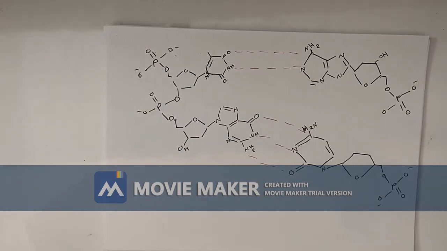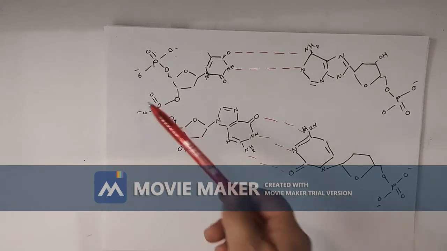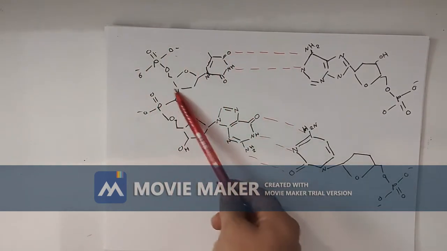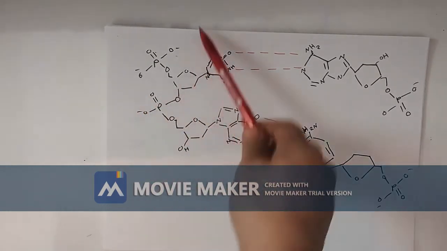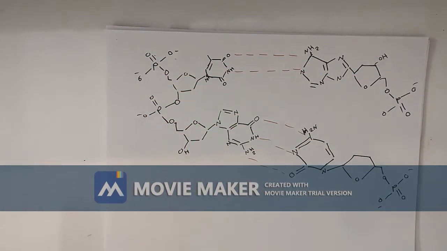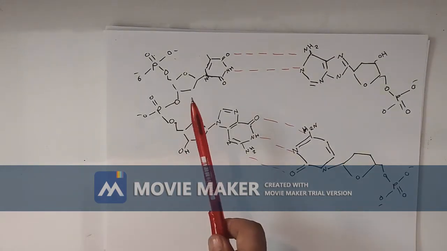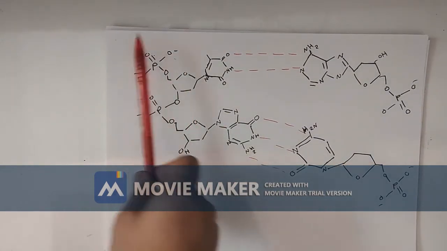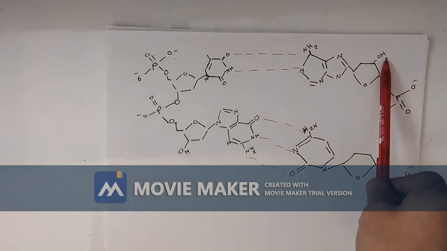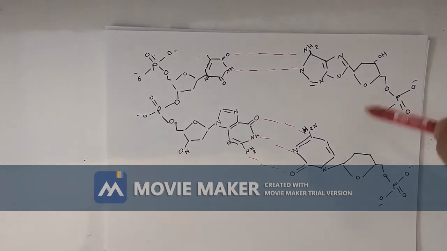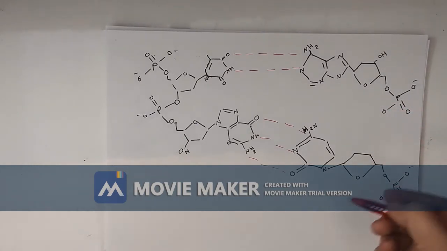Let's have a look into this diagram and see what components we can see here. So this is the phosphate group. This is one nucleotide, this is the second nucleotide, and this is one DNA strand. This is the second DNA strand. For example, if this is 5', this should be the 3' end of that strand. So it's continuous.